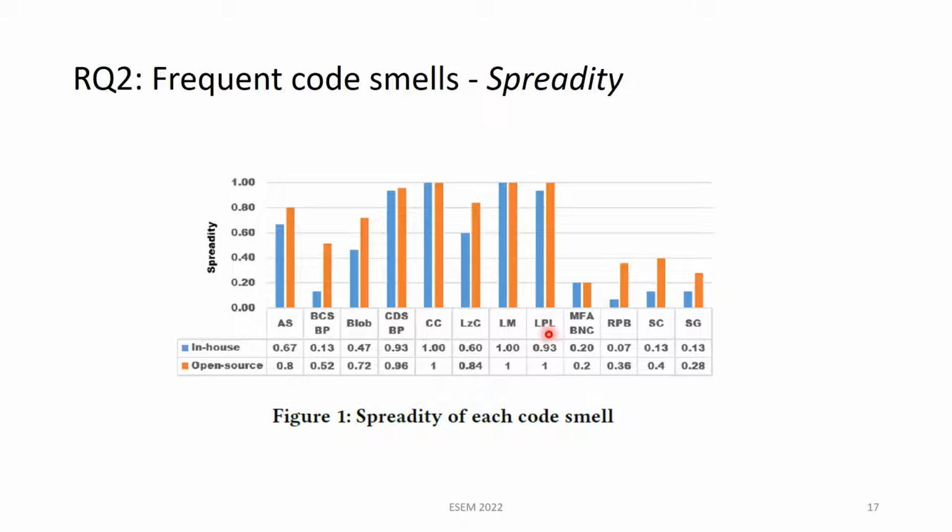Third one, long parameter list, it actually occurs in every project in open source, but only 0.93 for in-house projects. If we see carefully, the spreadness of the code smells is comparatively less in the industrial systems than open source ones, right?